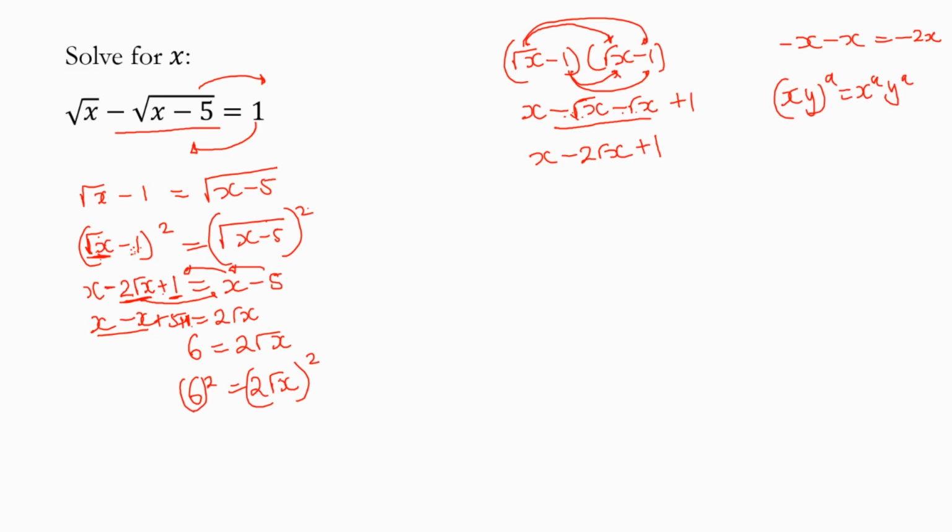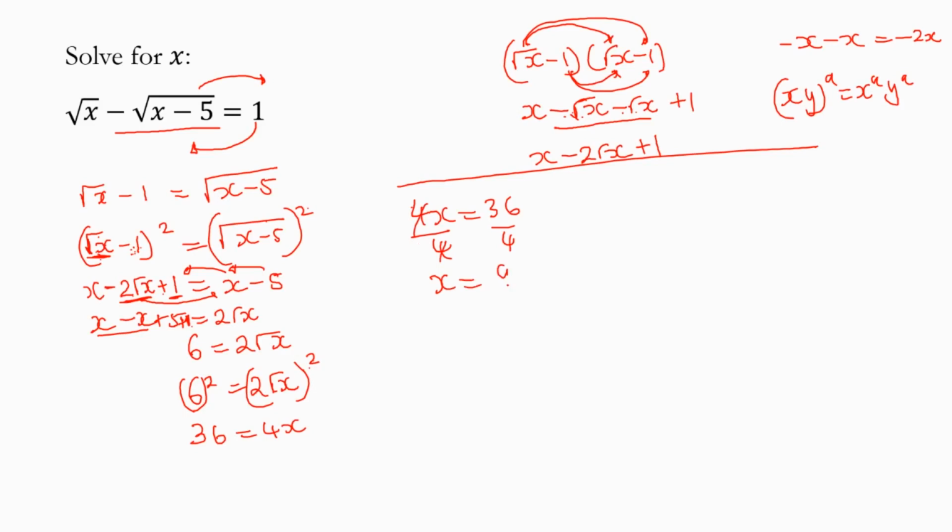So here is going to be 2 to the power 2 and square root of x to the power 2. Then 2 to the power 2 is what? It's 4. So we're getting 36 is equal to 4. Then square root of x to the power 2 is what? Is x. You see that? And then we have 4x is equal to 36. Divide by 4 on both sides of the equation. And then x is equal to 9.